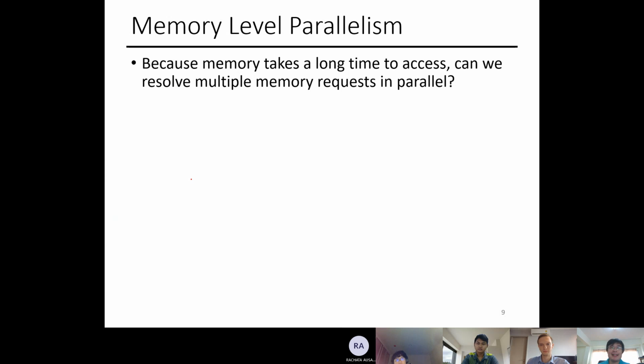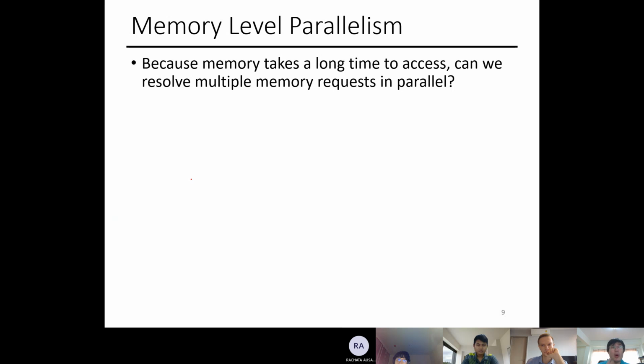One of the big ideas in dealing with these data accesses is, well, if they take a long time, I'm going to service a bunch of requests in parallel. And today we'll learn how that can be done. Basically, now that you have the MSHR, and let's say it has 32 or 64 entries, which means that from the processor side, I can request 32 or 64 data accesses at the same time.